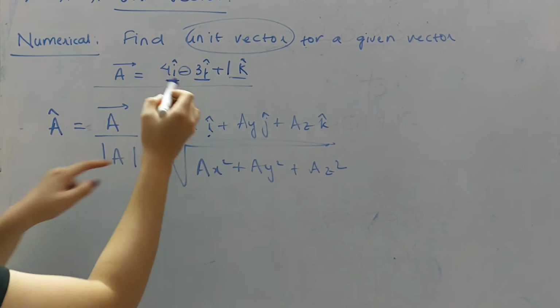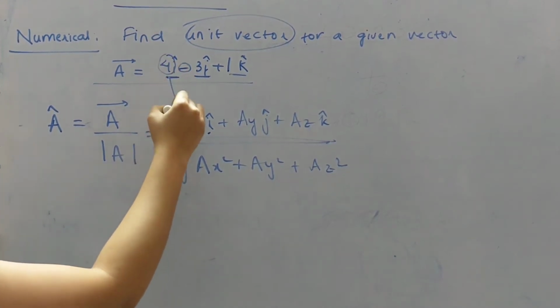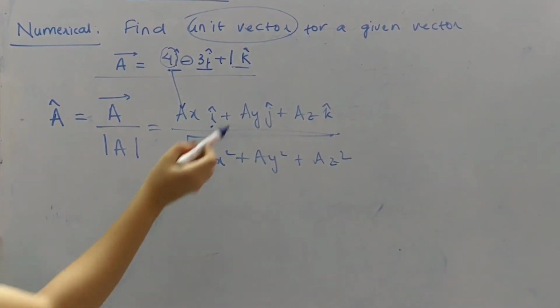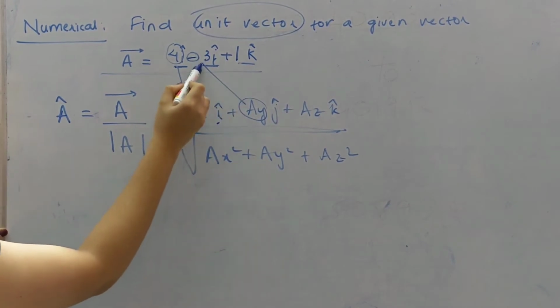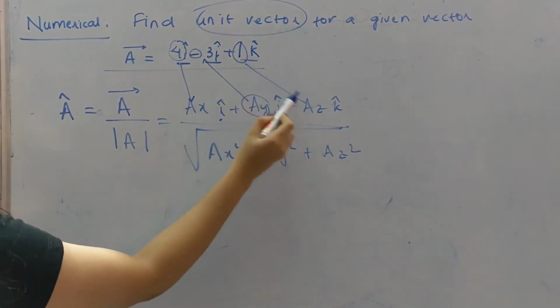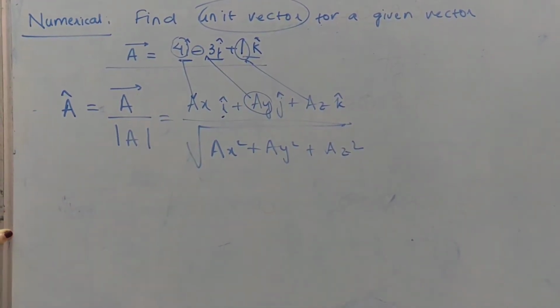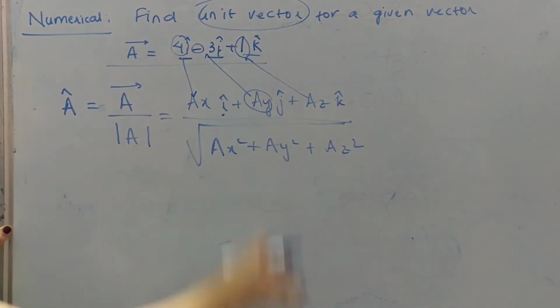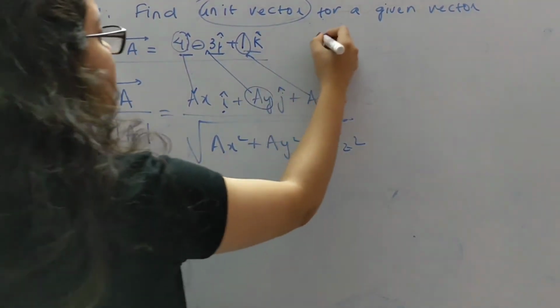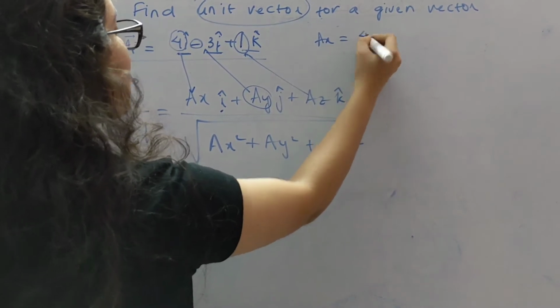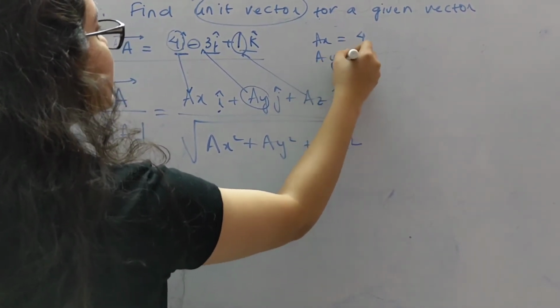So i cap will be i cap and Ax is actually 4. Similarly, Ay is 3 and Az is 1. So I hope it is clear. So when you are solving these questions in the beginning, it is better that you write all the components down.